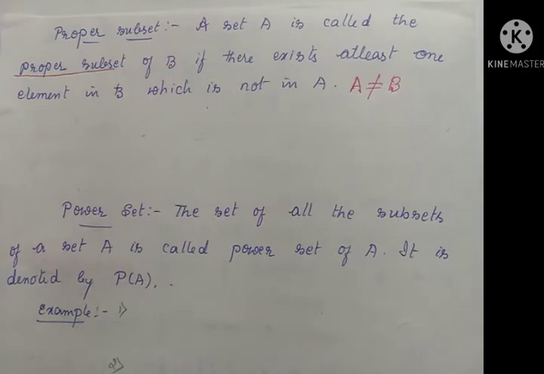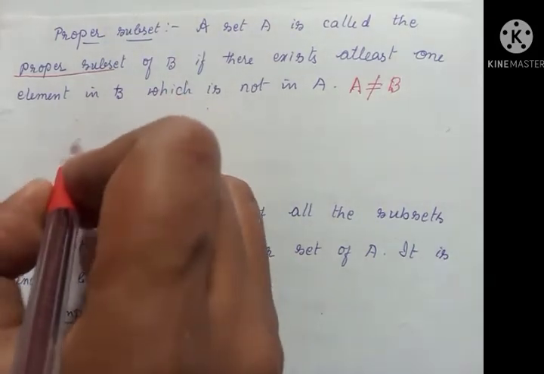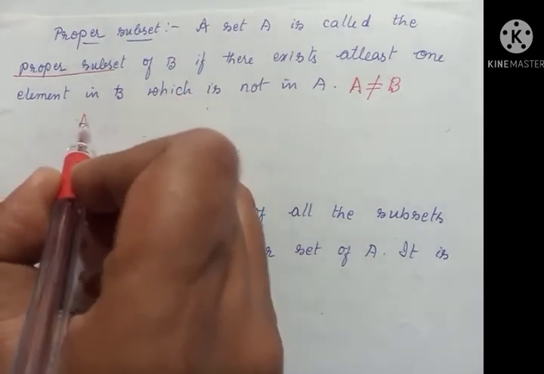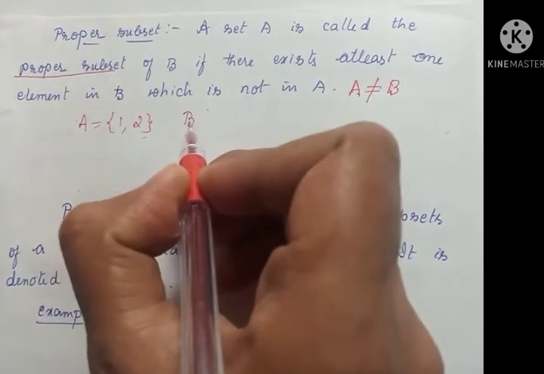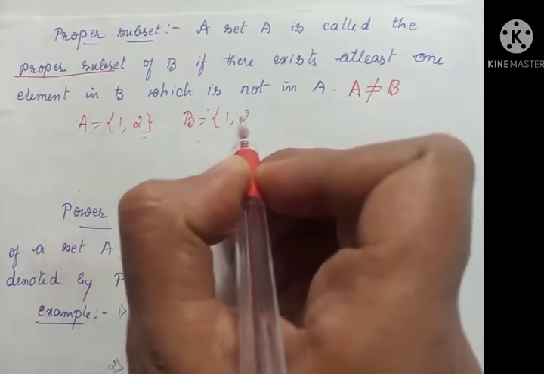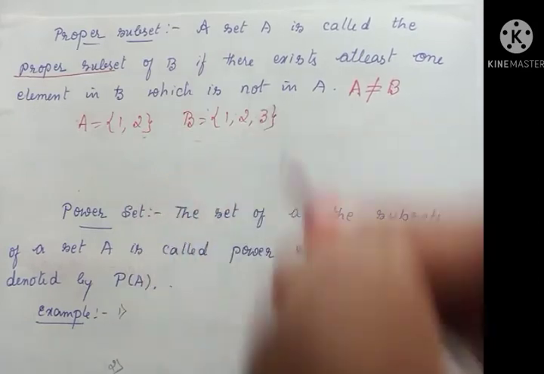If A and B are equal, we won't say that this is a proper subset. So there should be at least one element which is not in A. For example, I'll take A = {1, 2}, B = {1, 2, 3}.